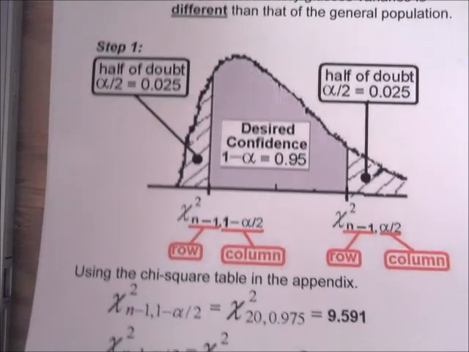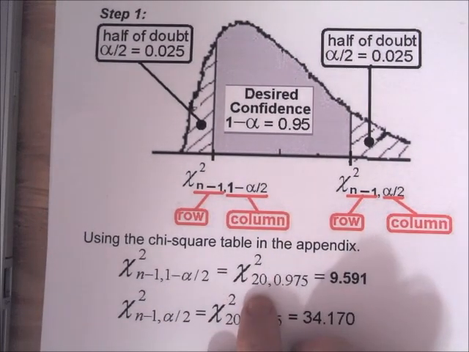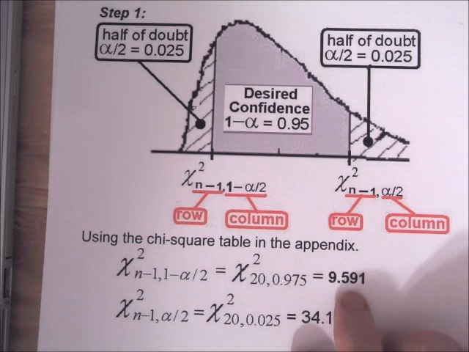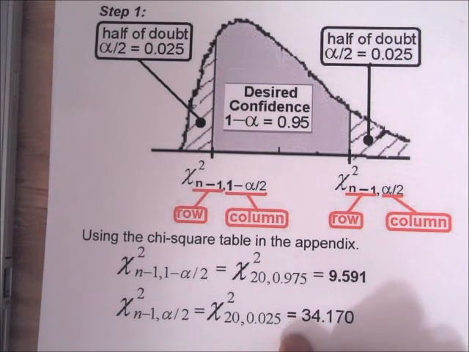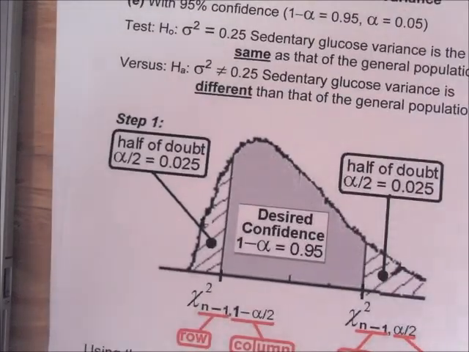So using the chi-square table in the appendix, we look in row 20 and column 0.975. We get a critical value of 9.591. And if we look in row 20, column 0.025, we get a critical value of 34.170.